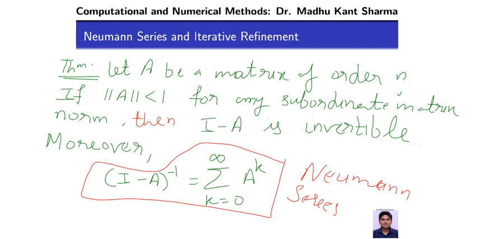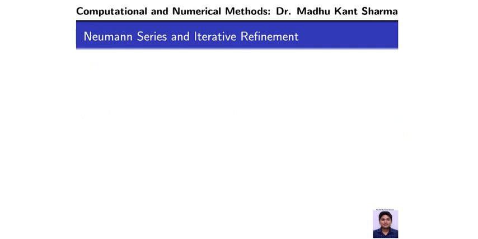Okay, so how it is going to be useful, we are going to see by an example. So let's first see this result, that if norm A is less than 1 for any subordinate matrix norm, then I minus A is invertible. Here, the proof is as follows. Let us assume that I minus A is not invertible.